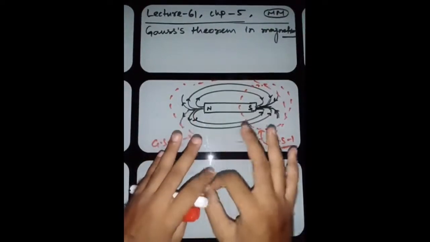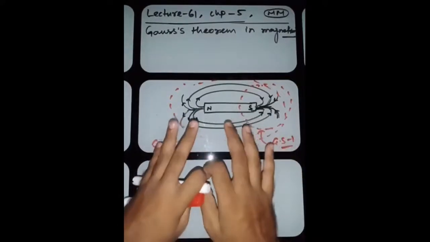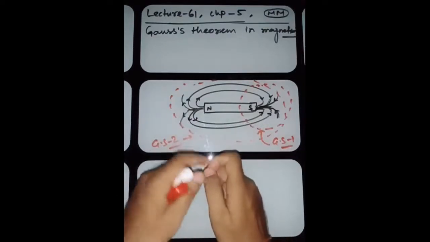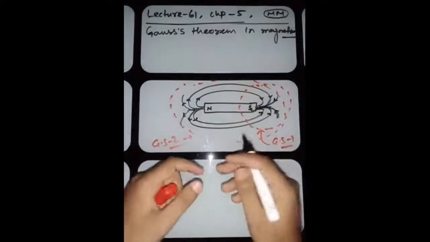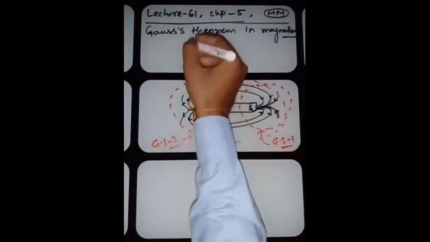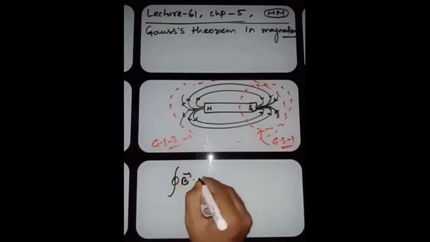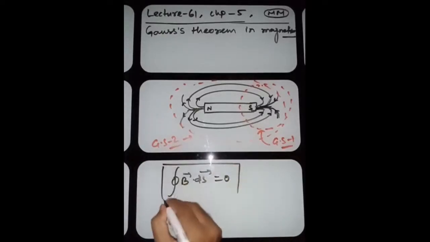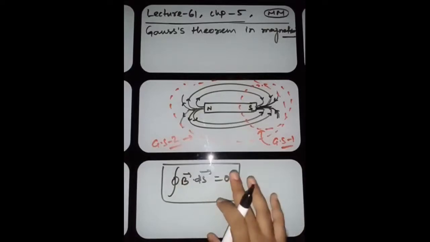It means the surface integral of magnetic field will not count any flux. The total flux will be 0. This is the Gauss theorem in magnetism. So we can write here the theorem in a mathematical way. B dot ds must be equals to 0. After writing the statement, you can write this mathematical equation for the Gauss theorem. B dot ds, it is 0.